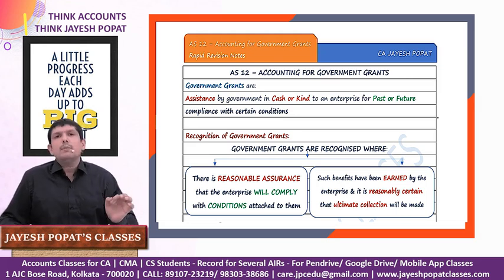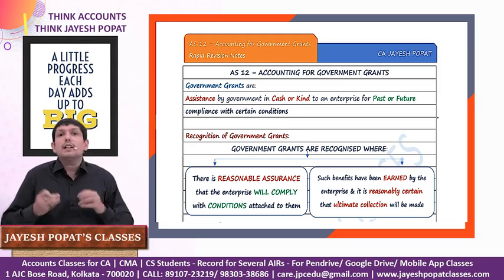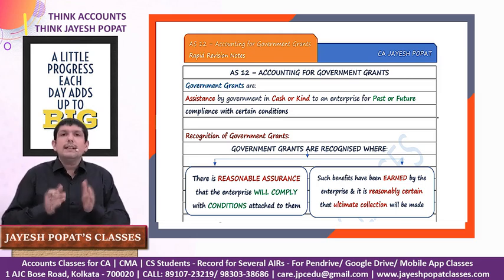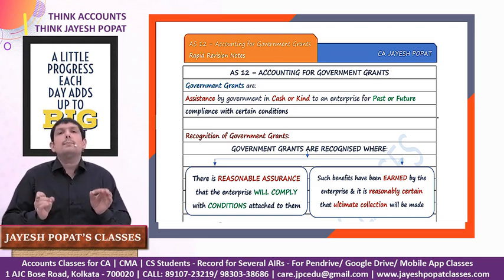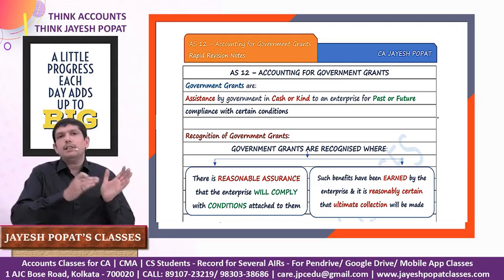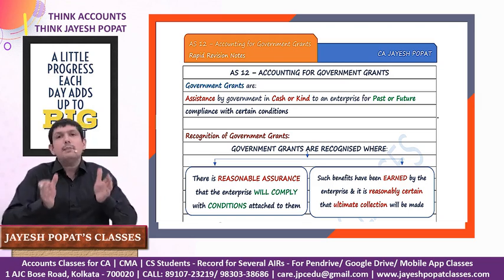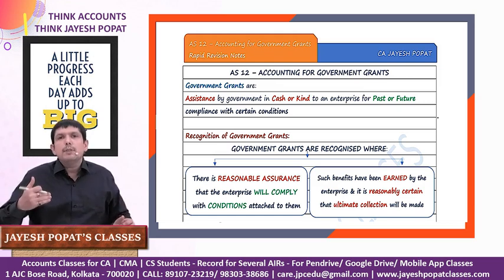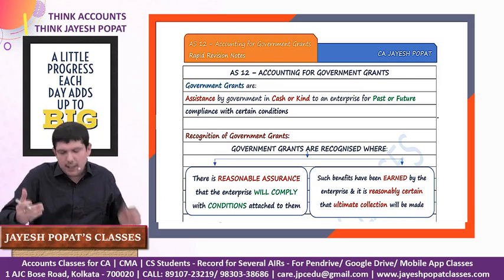Whenever we talk about a grant, we think about a gratuitous act, that something is given free of cost, but here the government is providing assistance to the enterprise, but this is not free of cost. The enterprise is supposed to comply with certain terms and conditions. Either it has complied in the past or it has to comply in future, and by virtue of complying with these terms and conditions, the government will provide a subsidy or a grant.